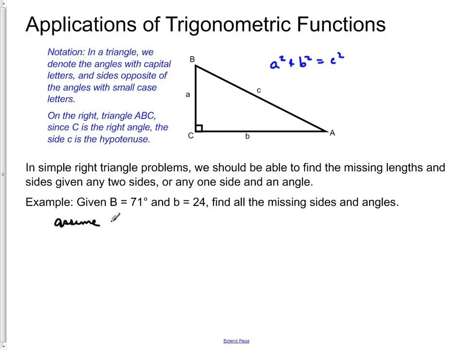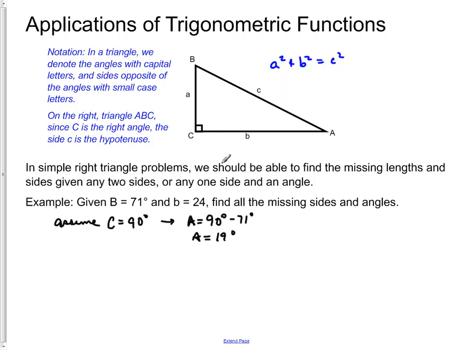Unless we're given other information, we assume that angle C is 90 degrees. Then what could we say about angle A? That's right, A has to be the complement of angle B. So A would equal 90 degrees minus 71 degrees, which means that angle A must be 19 degrees.